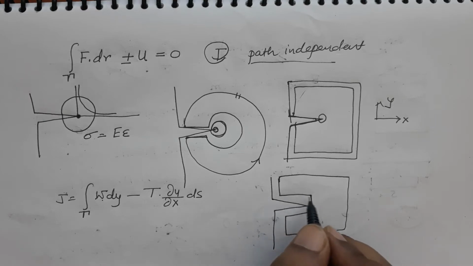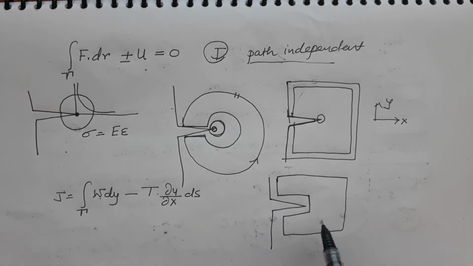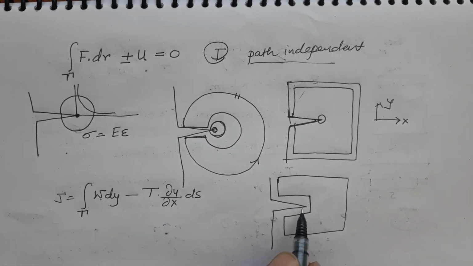So, if you do the calculation for this one, then you will find out that the integration value is 0. So, J integral will be 0 if you do not have a crack tip in the contour. Okay.